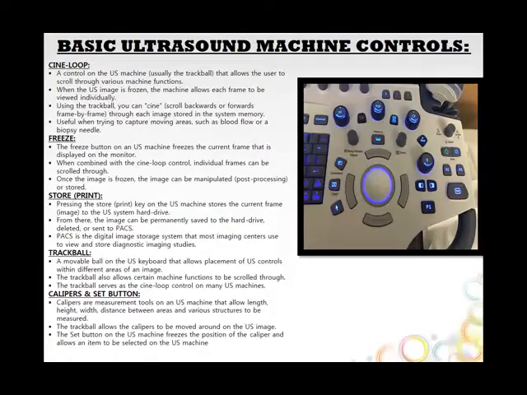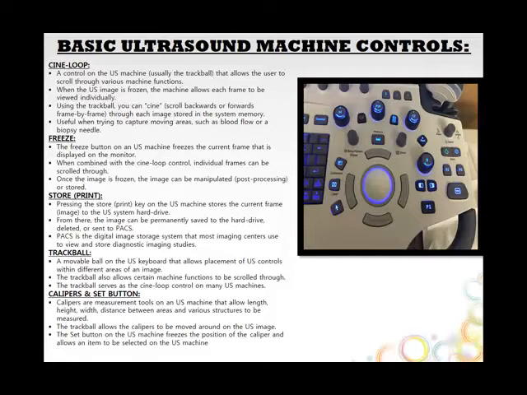So, basic ultrasound controls. This is actually our machine here in the lab, one of the GE machines. We've got our trackball, which is the ball in the center. This is a movable ball on the keyboard, and it usually allows us to move things to different areas of the screen and select different things.